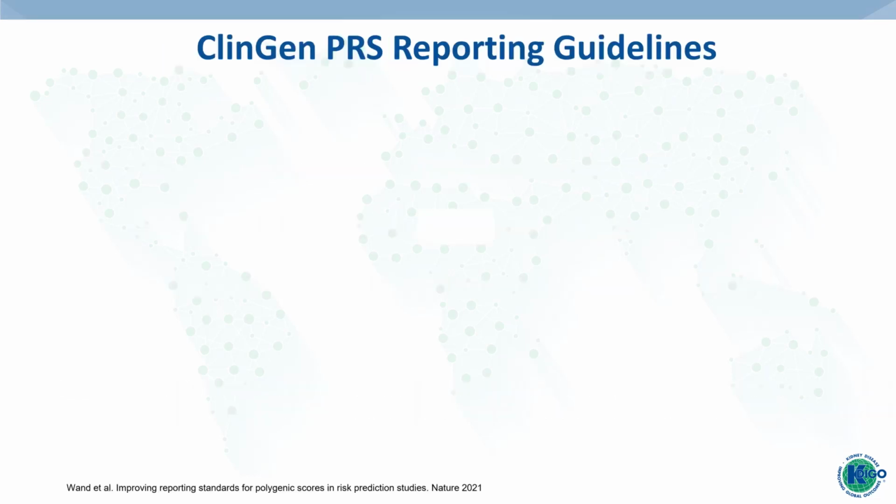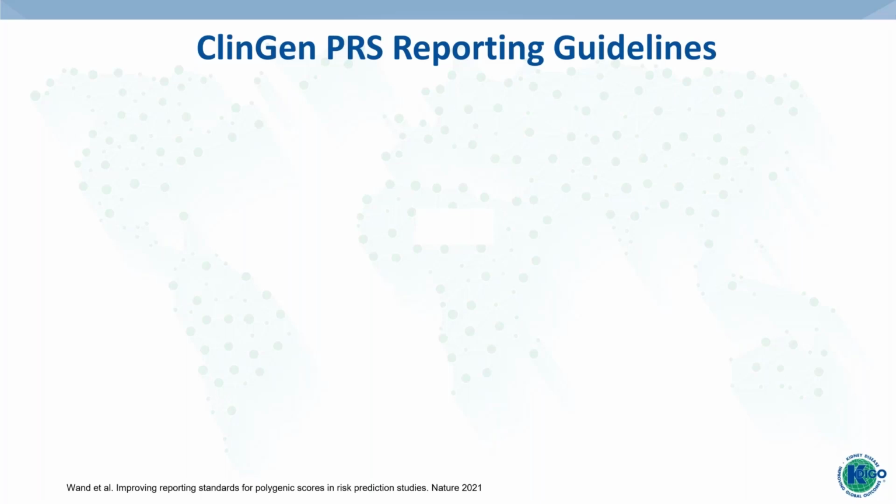So next, I want to mention some of the reporting guidelines that came out recently for the PRS development. These guidelines were provided by ClinGen. That is a consortium that actually is involved in developing guidelines for proper interpretation of genetic predisposition to disease and also genetic variation.